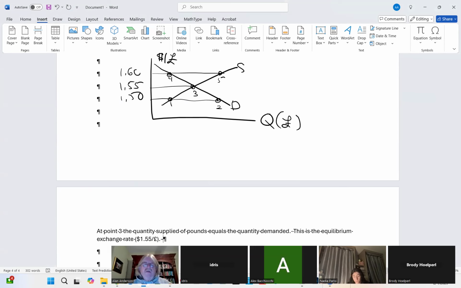What's going on with the other two cases? So at $1.60 per pound, we do not have equilibrium, because as you can see from the graph, the quantity supplied of pounds exceeds the quantity demanded.